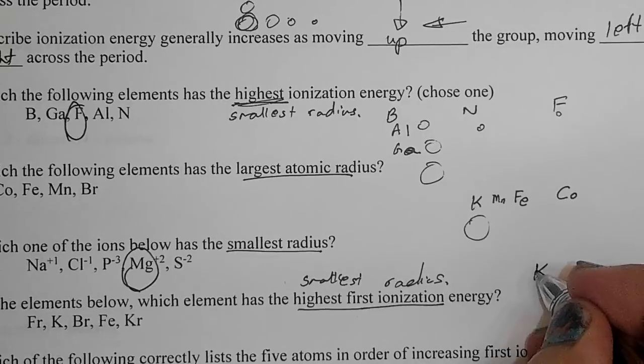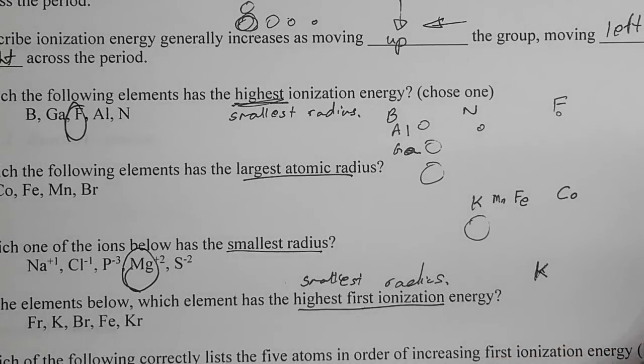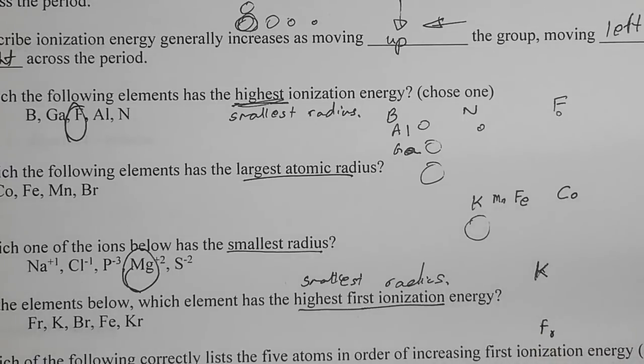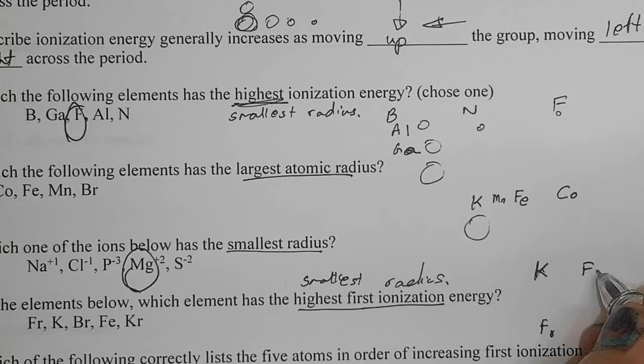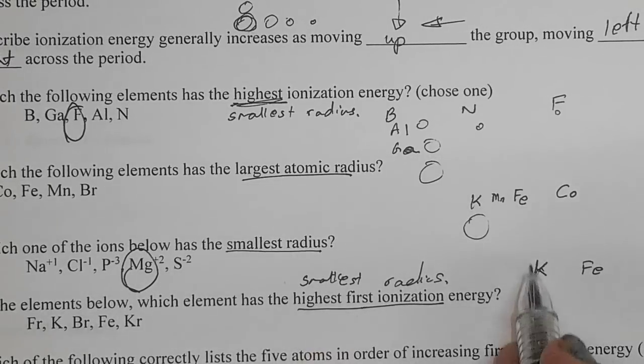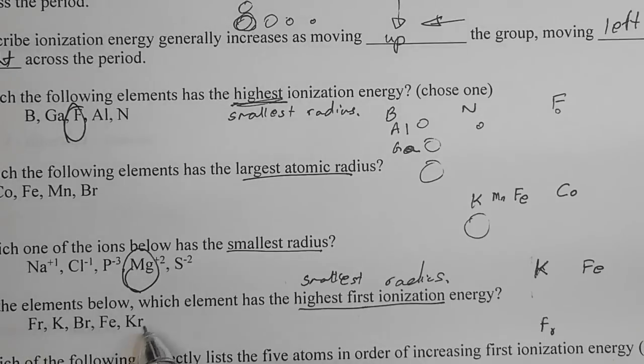K is here, Br is somewhere down there. Fr is somewhere down here, and then you have Fe somewhere in the middle of K and Br, and then Kr is after there. Okay, smallest radius is up in that corner. Here we have the tiniest one.